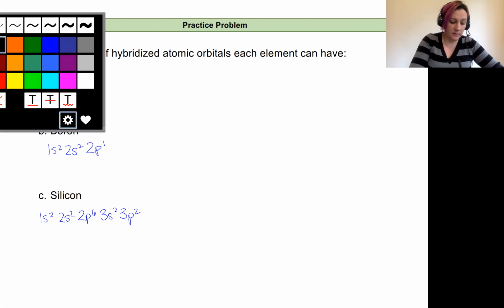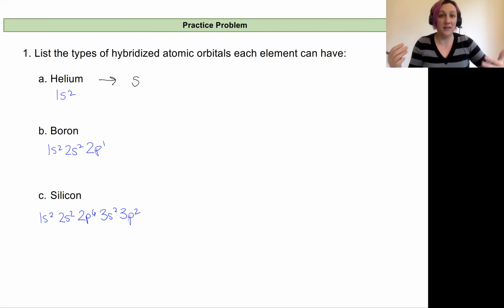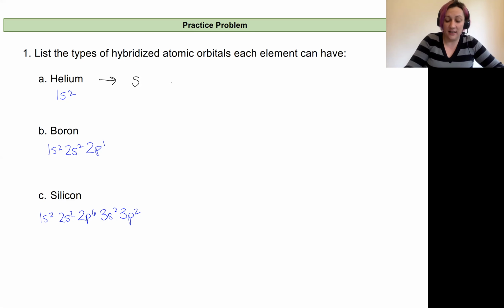That means the only possible orbital for helium is just s. It can't hybridize with a p orbital because there are no p orbitals in the n equals 1 energy level. So it doesn't actually hybridize at all. Helium and hydrogen can't hybridize their orbitals because they only have one.